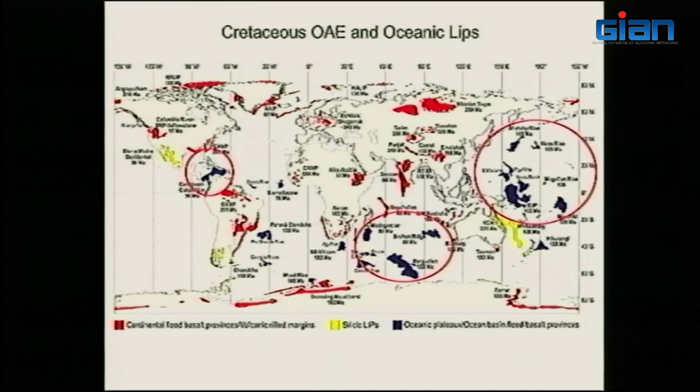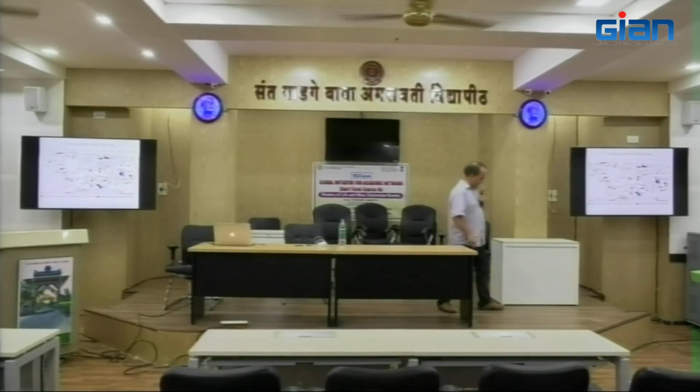And the biggest, really the huge one, as I said, was the Ontong Java Plateau, which is really huge. And maybe this is an explanation, because a lot of people are saying, well, you are talking about a lot of volcanism, and this volcanism is clearly behind the formation of black shale, but there is no extinction, or not so many extinctions.